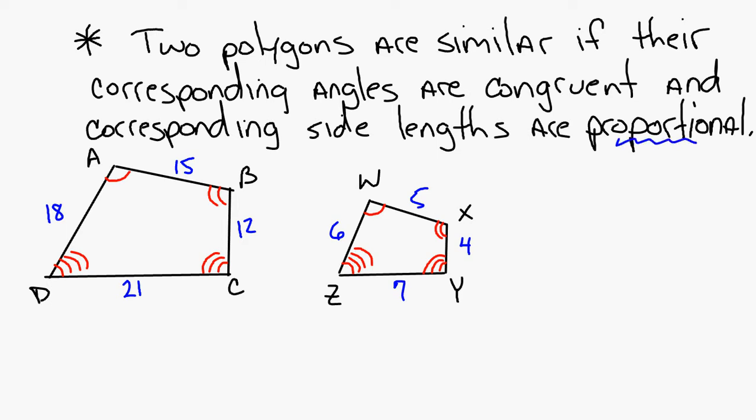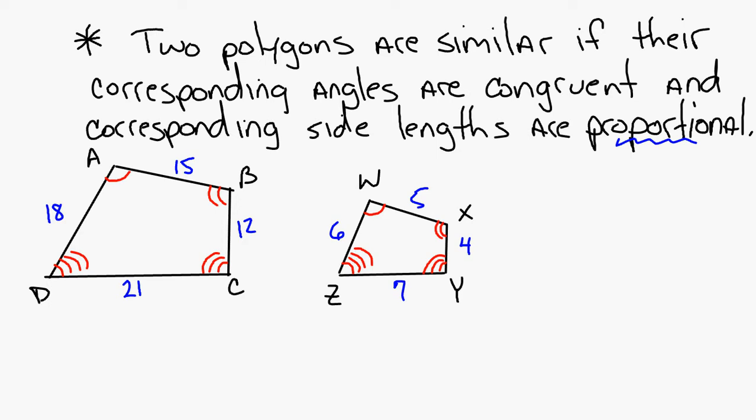Yesterday we said that a proportion is an equation showing two ratios equal to each other. So you can write these ratios a couple of different ways. But here's what you're trying to find out now: are the corresponding side lengths proportional?